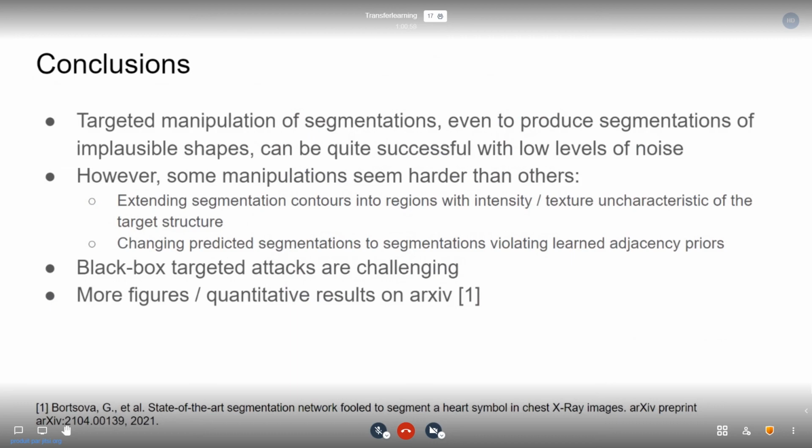But then again, we didn't use the most powerful algorithm for black box attacking, so there are ways to make targeted adversarial examples more transferable. It is maybe possible that heart attack could be improved to be more transferable between networks.